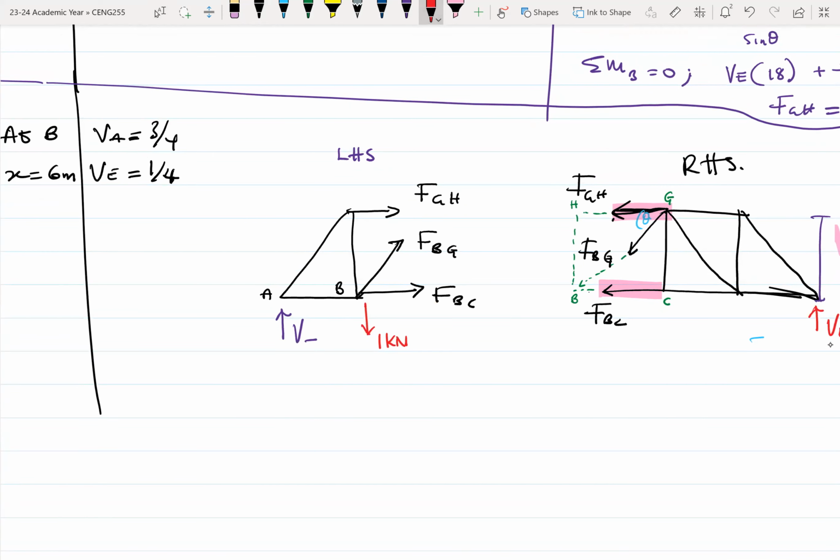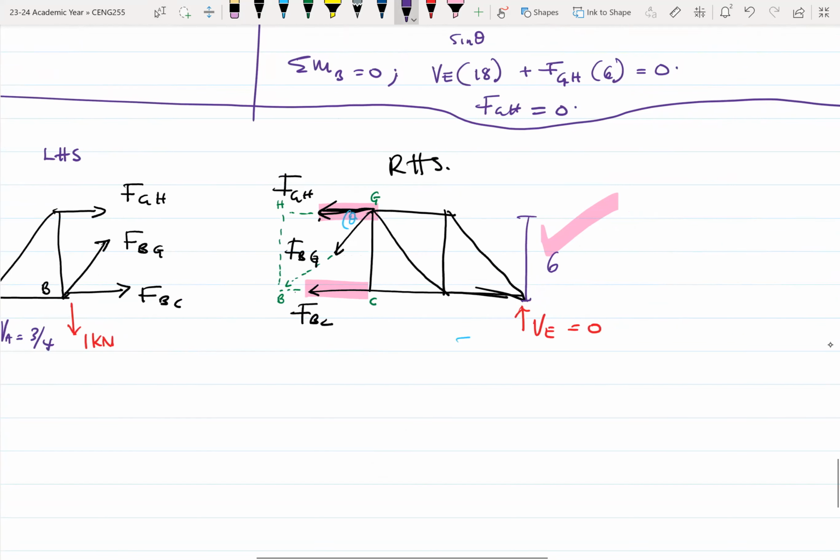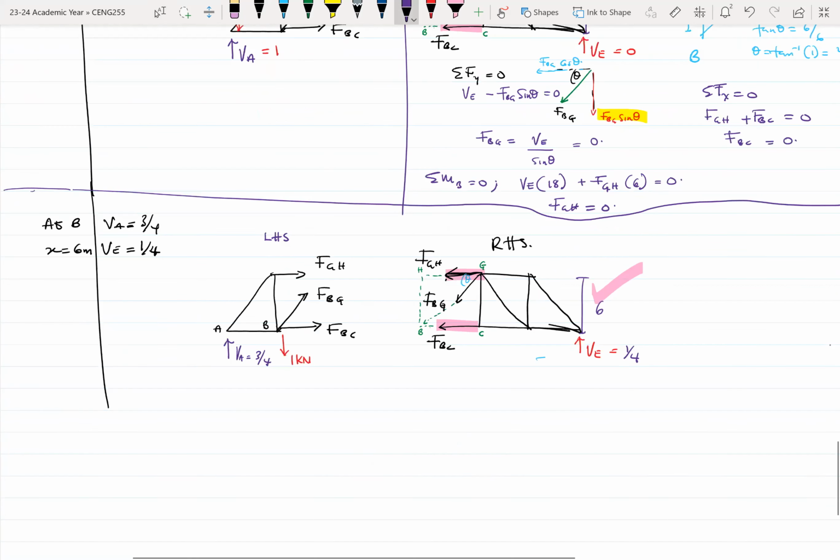Since the load has now moved to B, our VA, oops, our VA is 3/4, and our VE, sorry, is 1/4. Again, it's easier using the side that does not have the unit load. Always easier going with that.